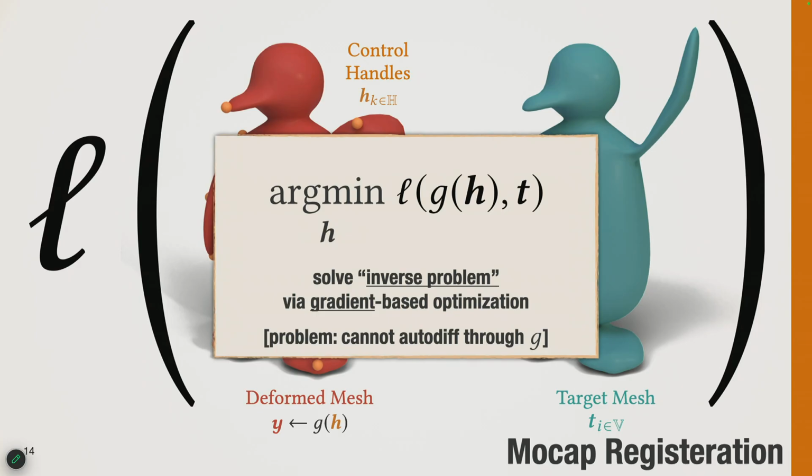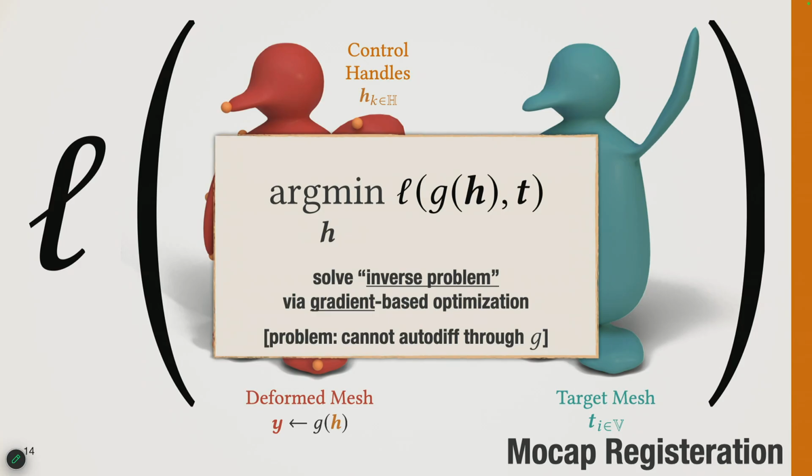We call this solving an inverse problem because it's kind of going the opposite way, right? In the first problem, we had the control handles and we got the deformed mesh. Here, we're trying to actually find the positions of the control handles. Now, the problem here is that in order to actually minimize this problem, you have to differentiate through G. And G was, remember, our solver.